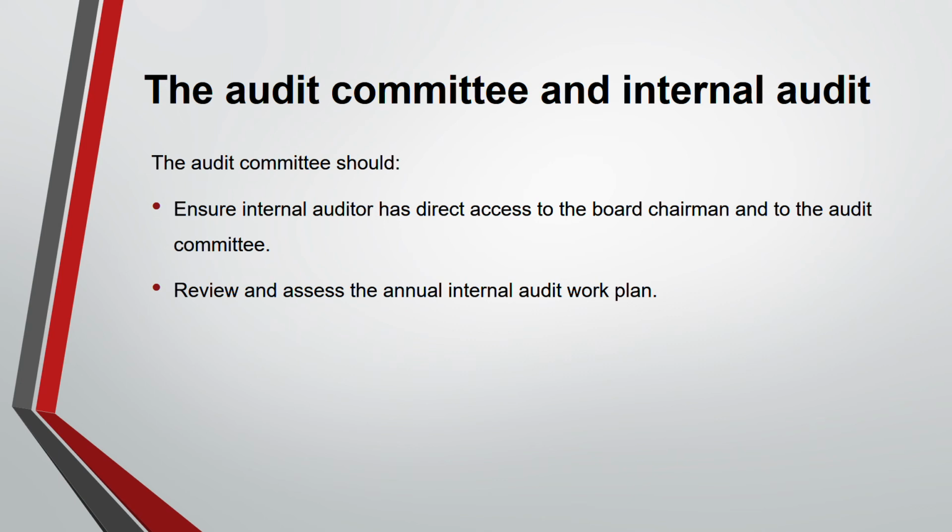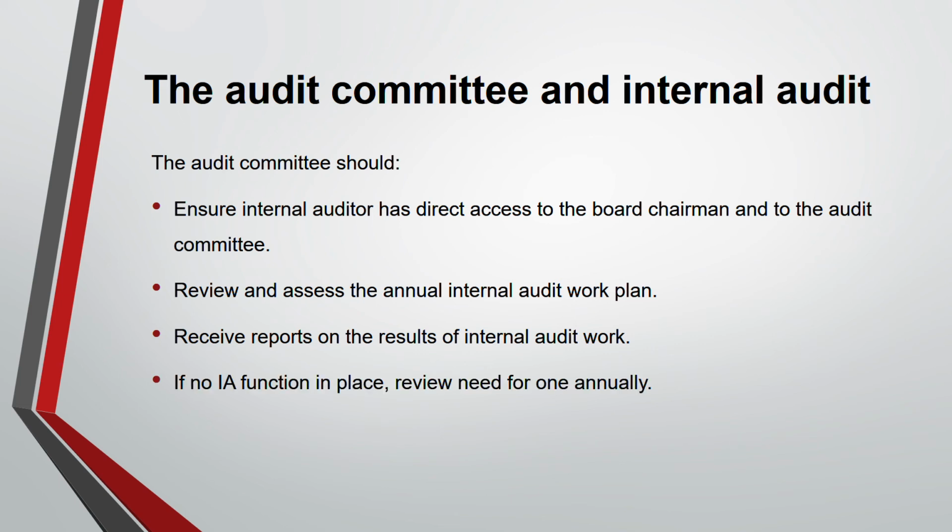See, internal auditors are not independent of the company because they're employees of the company. That's why it's important that the audit committee sees their work, so that when the external auditor relies on that internal audit work, they can rely on it because it is reviewed by the audit committee to check the independence. Next, receive reports on the results of the internal audit work.